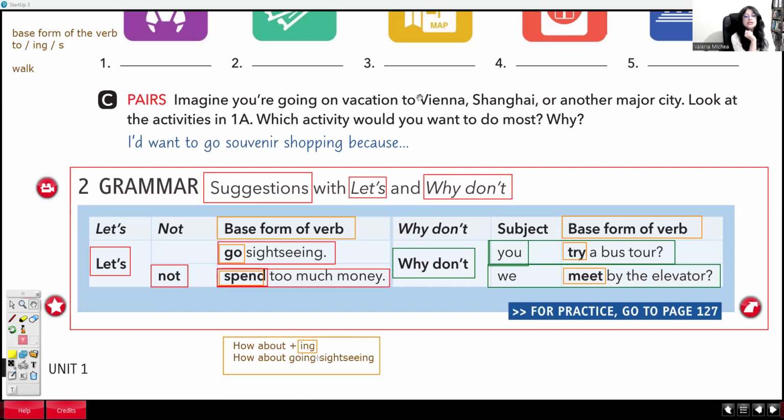How about going sightseeing? How about not spending too much money? How about trying a bus tour? How about meeting by the elevator, etc. So that's how you can make suggestions to plans that people already have.